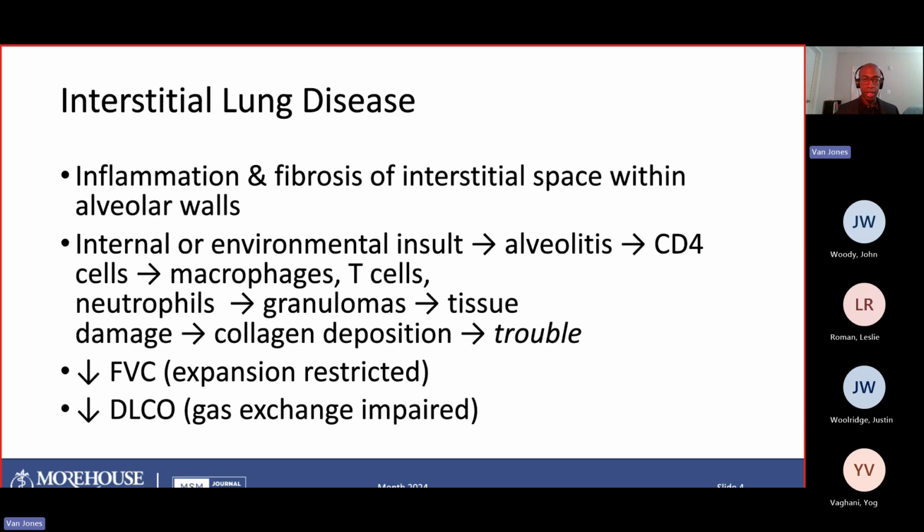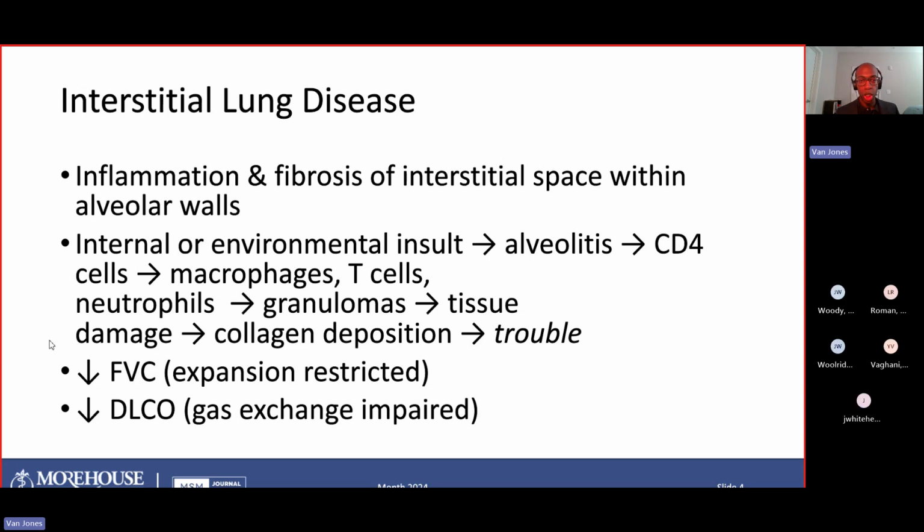It's thought to occur because of some kind of internal or environmental insult that causes a lot of havoc within those alveolar walls, leads to an inflammatory response, which leads to the recruitment of immune cells, macrophages, T cells, neutrophils, usually leads to the formation of granulomas, which are large aggregates of those cells. And they normally secrete substances that lead to the walling off or the destruction of a pathogen. But in the case of ILDs, these substances lead to damages within the tissue.